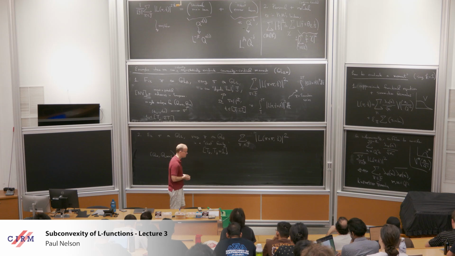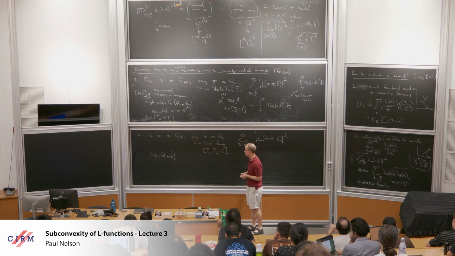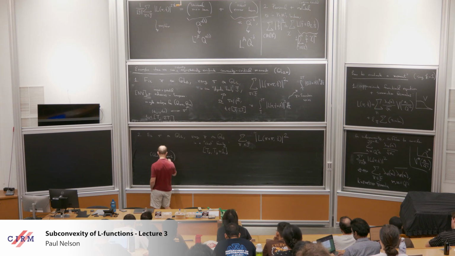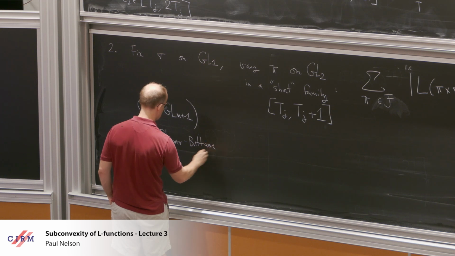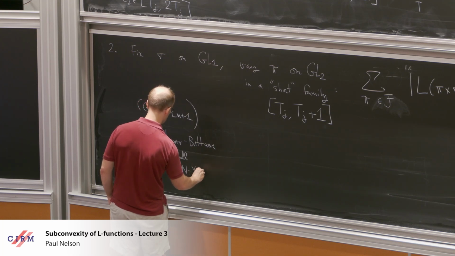I guess what started it was a paper of Blomer and Buttcane for the case of GL_3. And then there's also a paper of Simon Marshall doing something like this. And then I have a few papers, and also a paper with Yueke Hu.